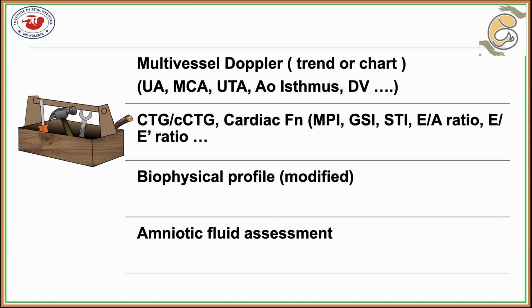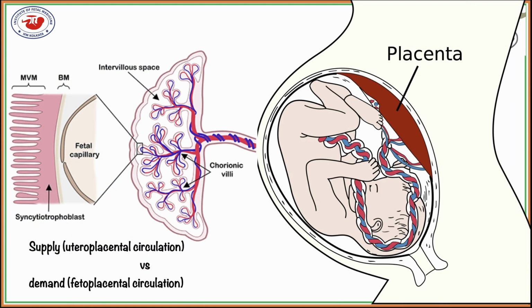Then the biophysical profile and amniotic fluid assessment. And apart from that, there is one more thing, that is fetal kick, which is very important. So these are the tools which we will be using to detect that.